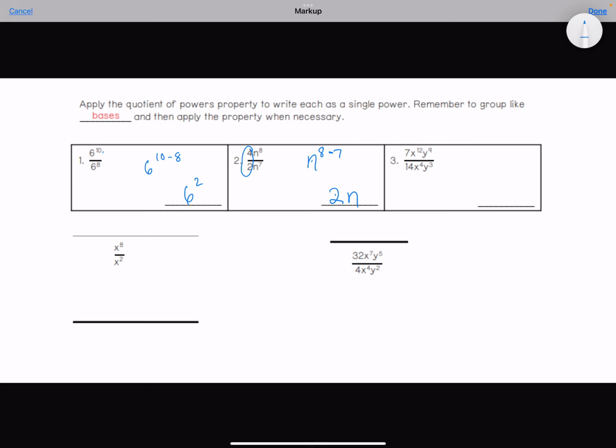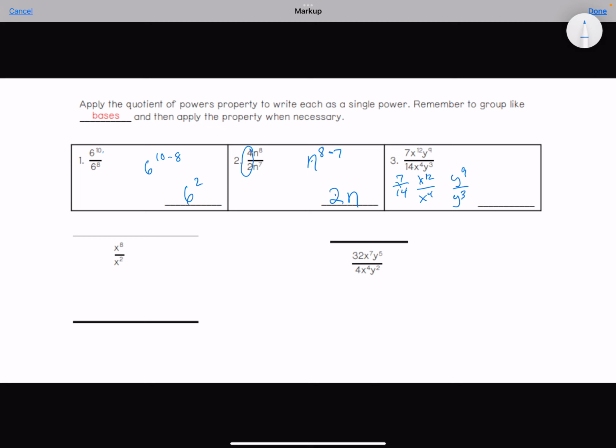So for number 3, I'm going to break it apart to show you what the grouping looks like. I have my coefficients. I have my x's. And then I have my y's. And again, you will get to the point where you don't have to separate them like this.